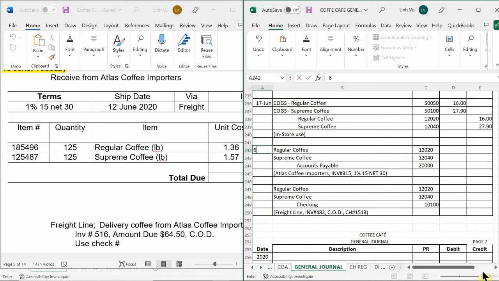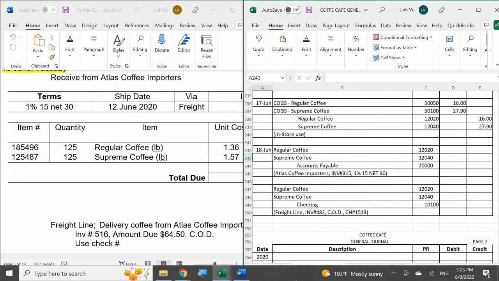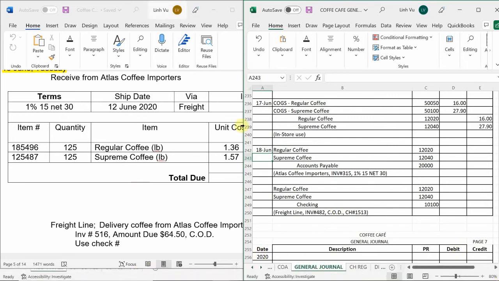So how much time did that save me? Lots. Today is the 18th. All I have to do is change the minor pieces of information on here. I need to change out the information that I received from this individual person. But let's go ahead and deal with the numbers first.